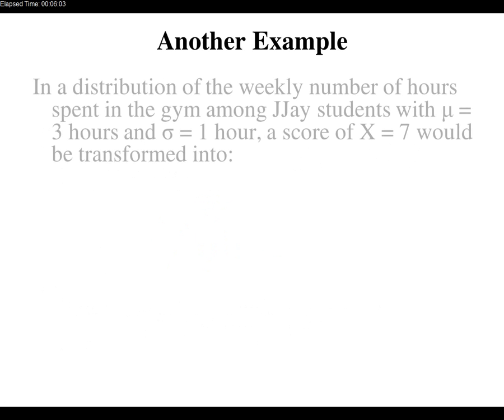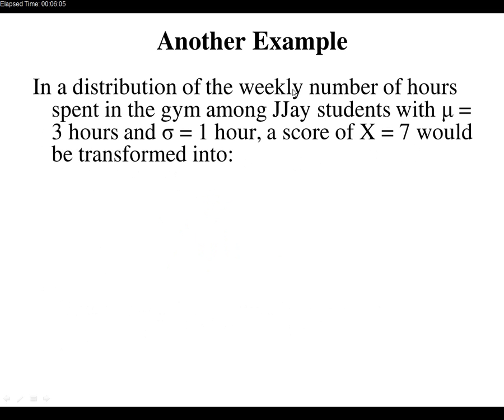Here's another example. In a distribution of the weekly number of hours spent in the gym among John Jay students, of course, now that I'm at UNH, this should say UNH students, with a mean equal to 3 hours and a standard deviation equal to 1 hour, a score of x equals 7 would be transformed into, come on, give me the answer. What's the mean? Go back and figure out.